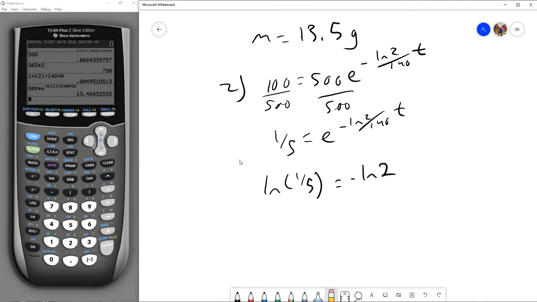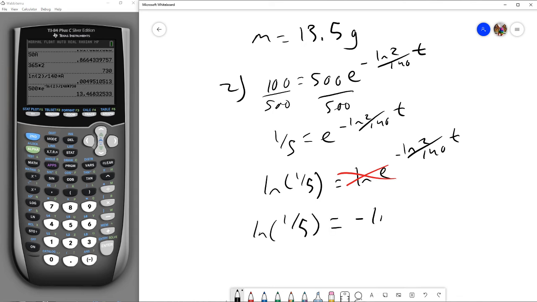Oh, whoops. I missed it. I did a step in my head by accident. It's equal to natural log of e to the negative natural log 2 over 140 t. Alright. And then we can cite our property where these two will kill each other off, leaving you with natural log of 1/5 equaling negative natural log 2 over 140, all that times t.